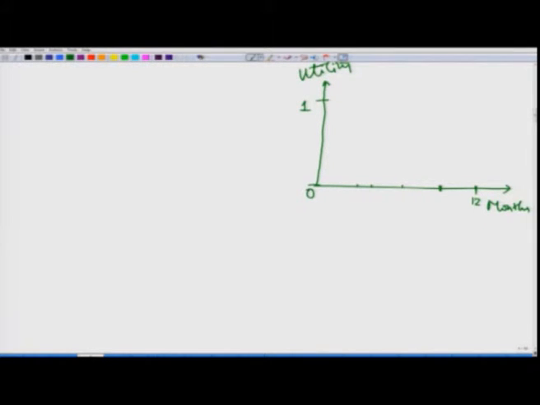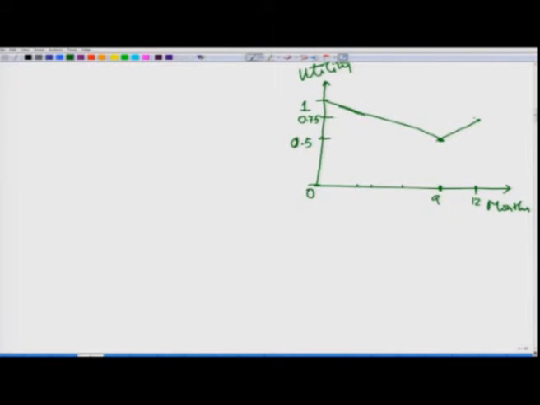Maybe on the 9th month it came down to 0.5, and it came down from 1 to 0.5 gradually. And then what happened? Till the 12th month, this is 0.75, it increased.